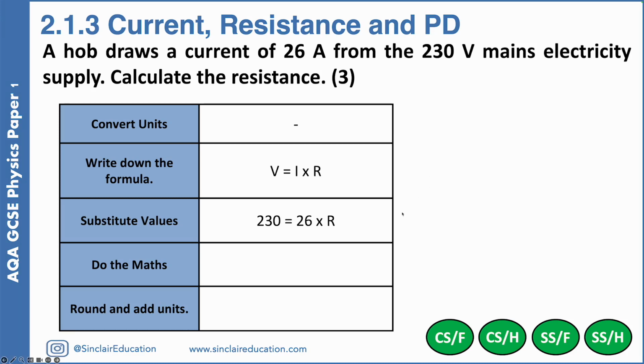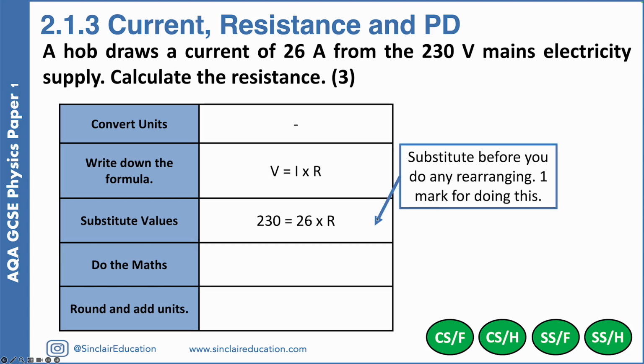The way in which you'll be marked by the examiner is have you given the correct equation and have you substituted into it correctly. If you give the wrong equation, and that might include rearranging the equation incorrectly, you don't get the substitution mark. So you tend to lose a couple of marks in one go. So always write down the formula and then substitute. Only after that would you rearrange.